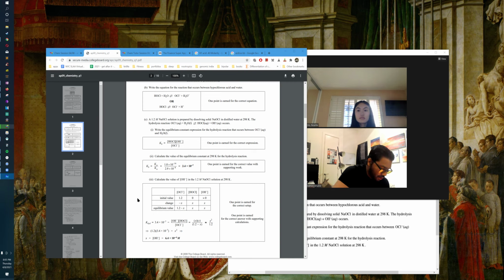We have ICE, and we have OCl minus, HOCl, and OH minus. Initial value was 1.2 for this, 0 for that, 0 for that. Change minus x here, plus x, and then the equilibrium value 1.2 minus x, then x.